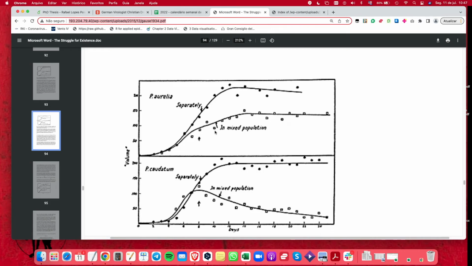And this shaped a lot of the ecological theory, in the sense that instead of looking at nature and just saying, okay, they coexist, when you see them coexisting, you have to explain coexistence. What is the mechanism that explains coexistence?